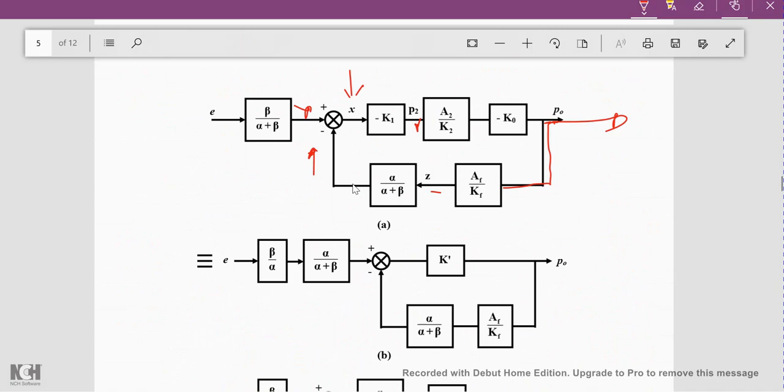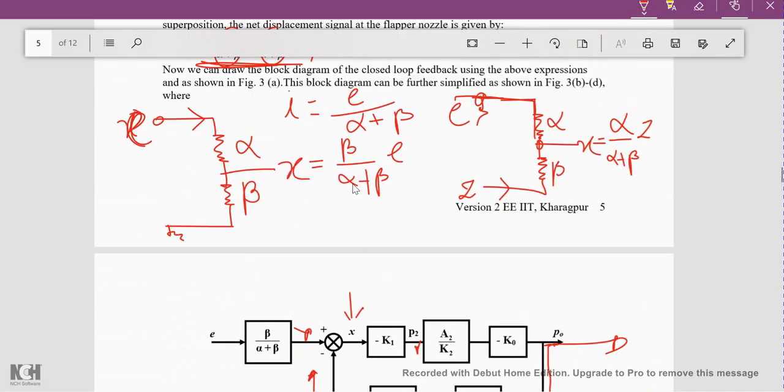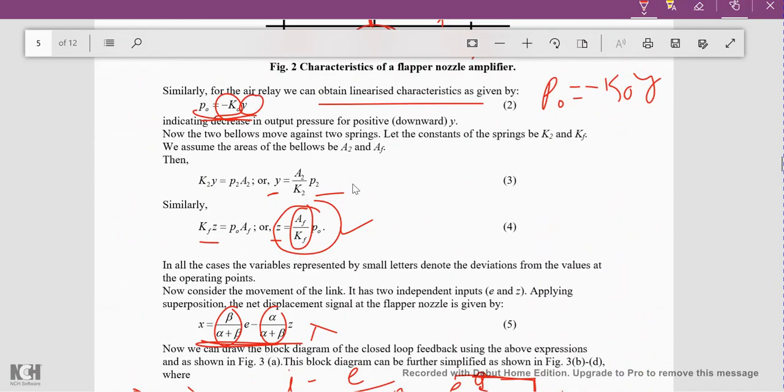that we are going to obtain here is for P0. Now what is P0? The P0 expression we have obtained is minus K0 times Y. Therefore there should be one K0 term, and there should be one signal which is Y. Now what is signal Y? For signal Y, the input is P2, and there is a gain of E2 by K2.